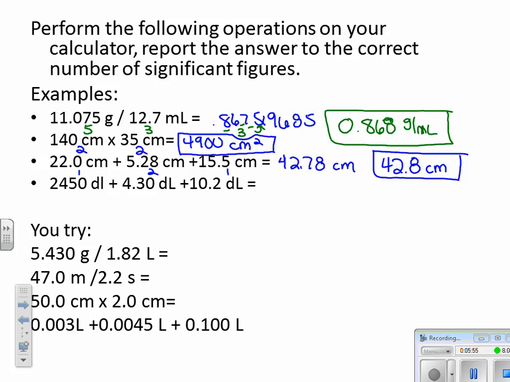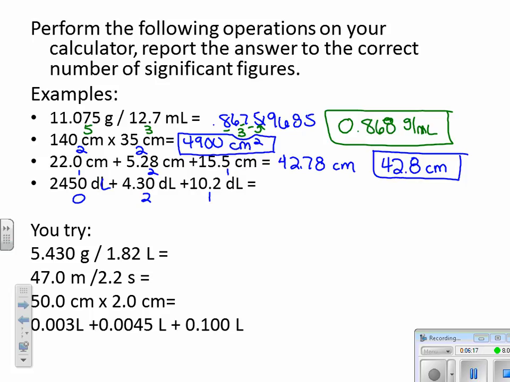Last example, again, we're adding. So when we're adding and subtracting, we're going to count decimal places. This has 0 decimal places, 2, and 1. We can see in our first measurement that should be capital L, liter. This tool only has a mark for every 10 deciliters. That 0 is the estimated digit.